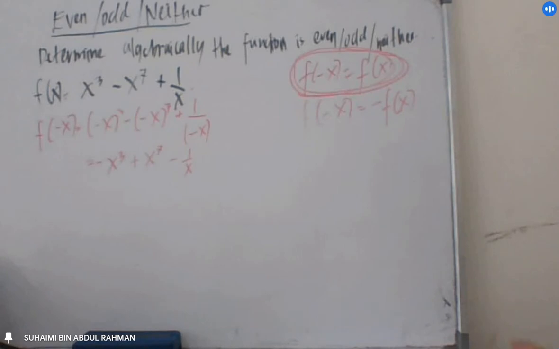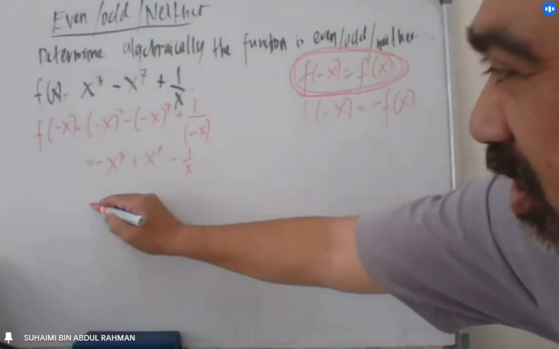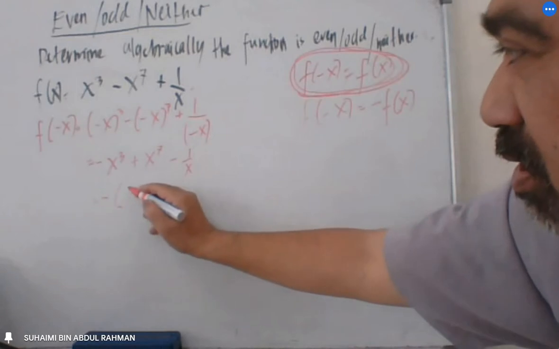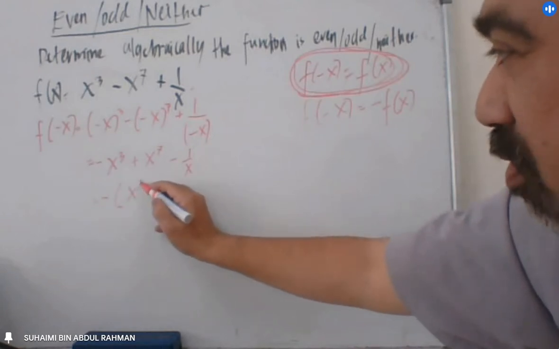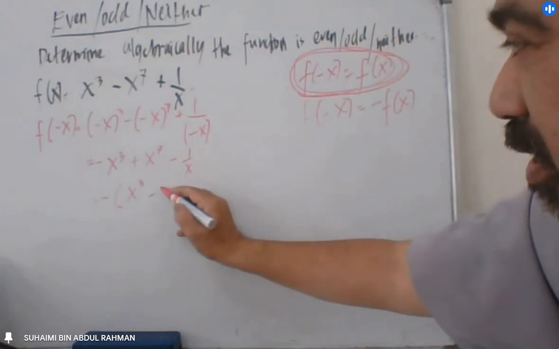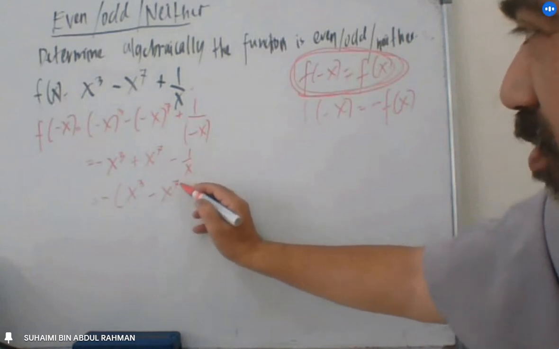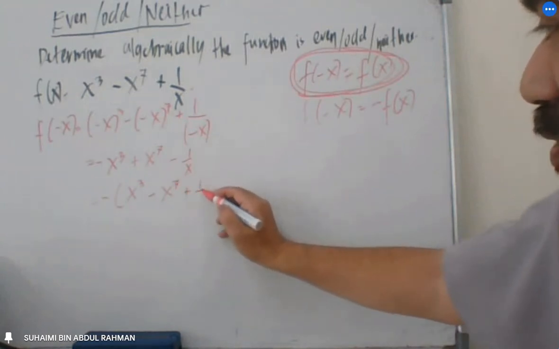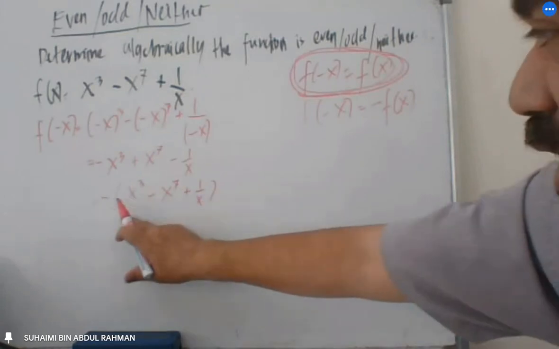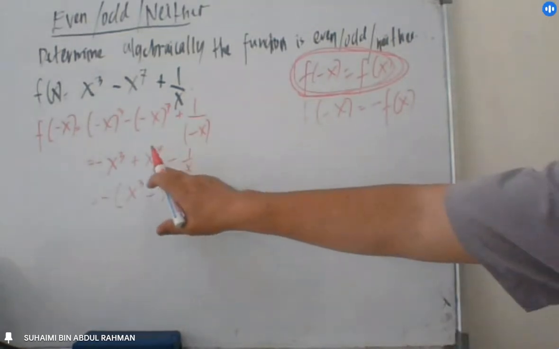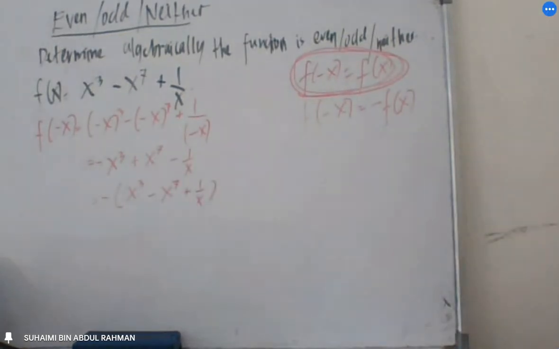When you substitute x with minus x, it is the same as minus x to the power of 3 minus minus x to the power of 7 plus 1 over minus x. If you expand, it's going to be minus x to the power of 3 plus x to the power of 7 minus 1 over x.